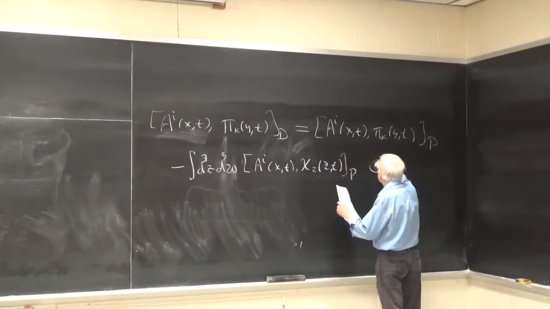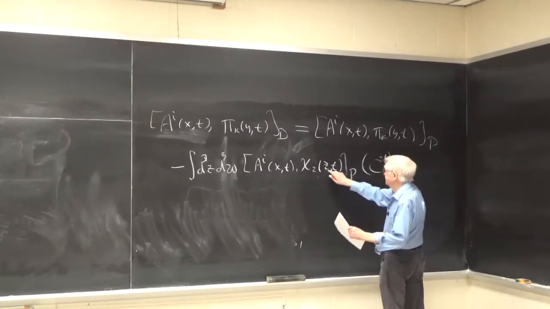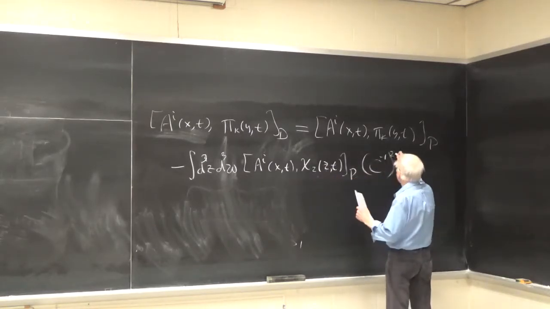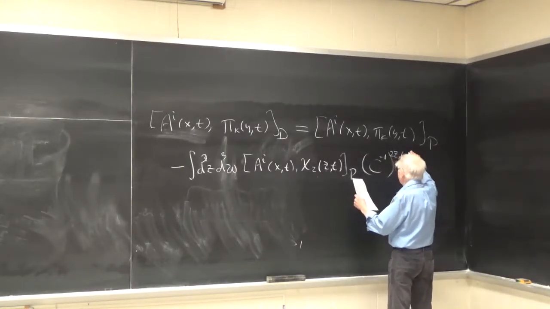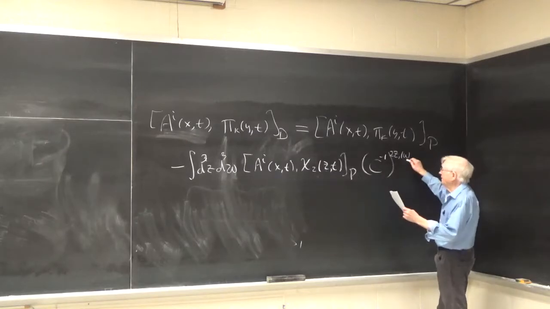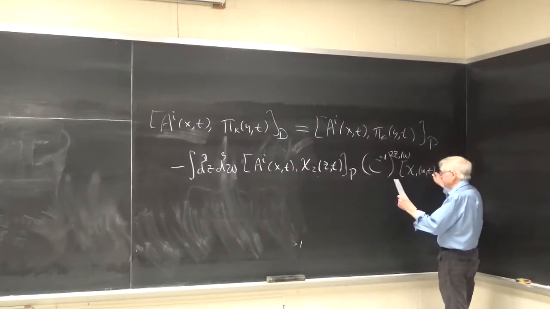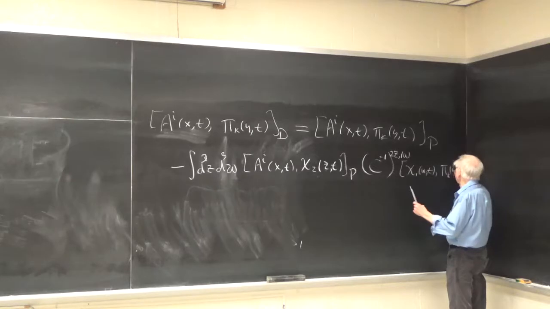Then we have C inverse, and since this is Z, and this is chi2, this is 2Z, comma 1W. And then we have the Poisson bracket with chi1 of W and T with pi k of y and t.